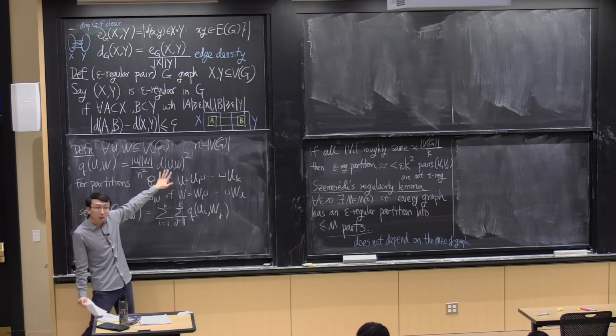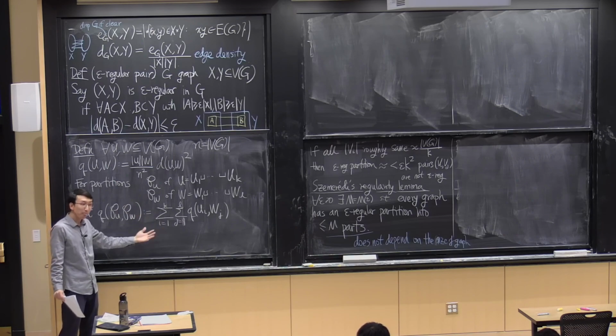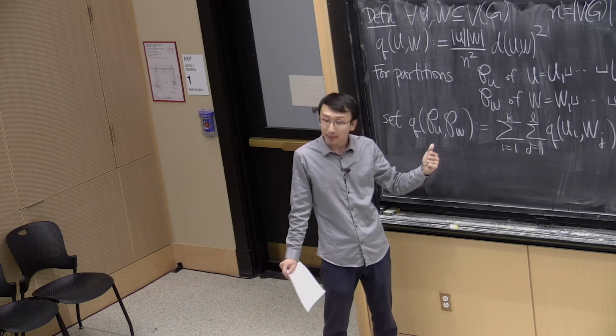So this is the density squared, and I'm taking some kind of weighted average of the squared density.